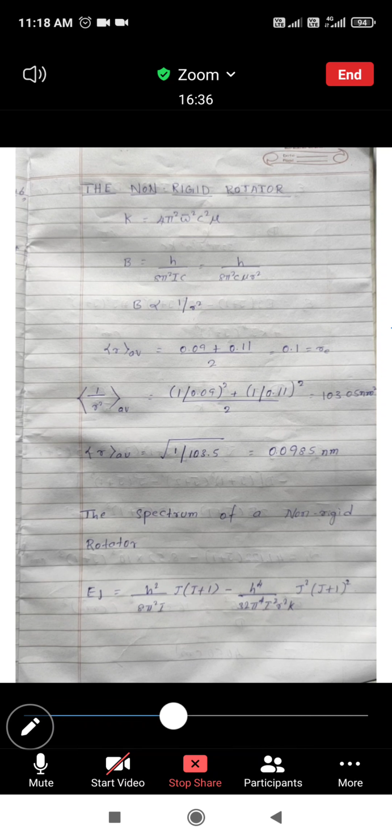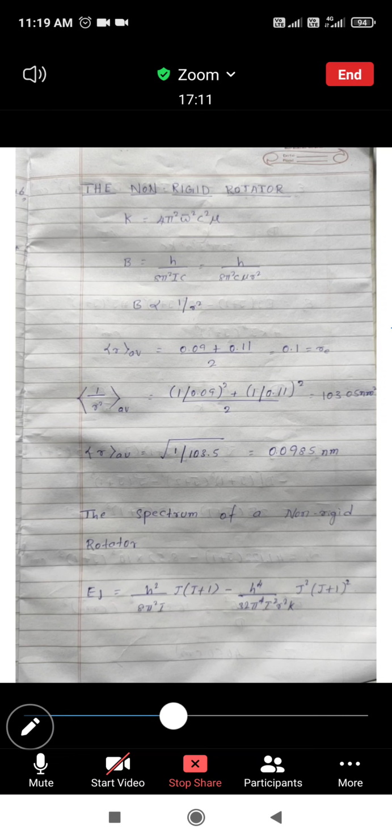the non-rigid rotator. Here k is equal to 4 pi square mu bar square c square mu. Here k indicates the spring constant. Here I consider the bond to be a spring. The bond is spring-like, it can be stretched, it can be compressed.